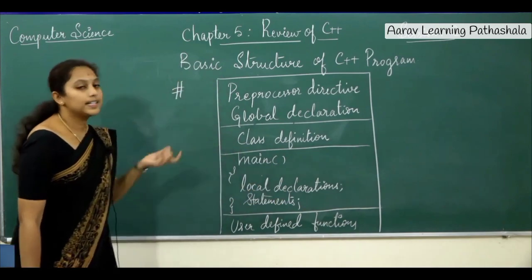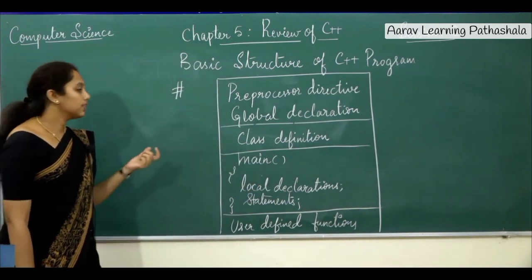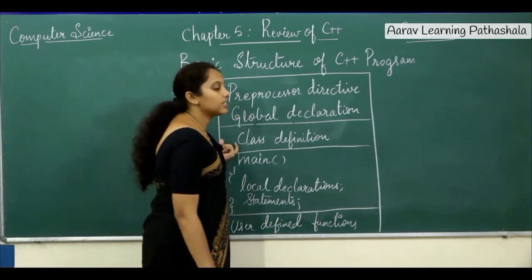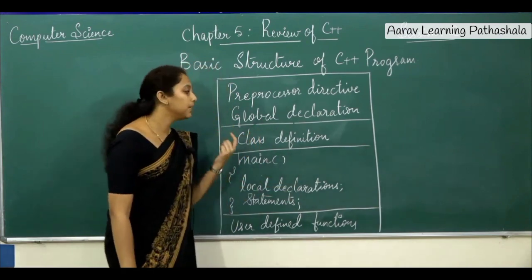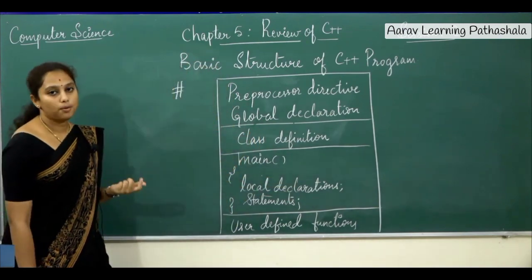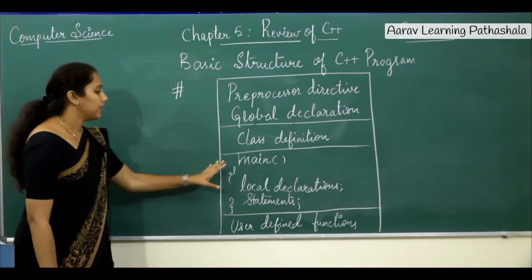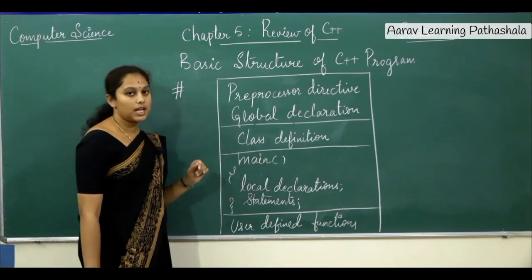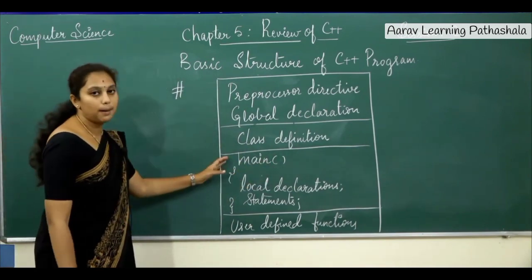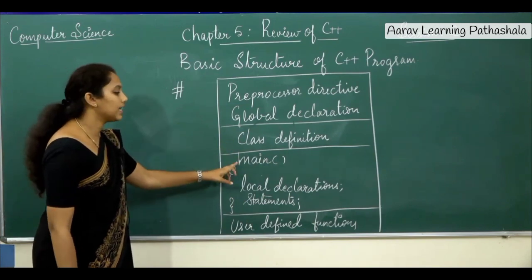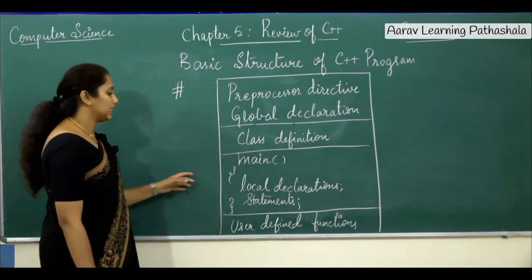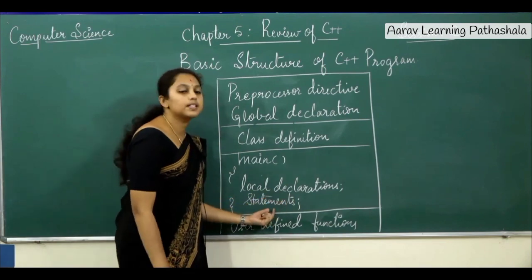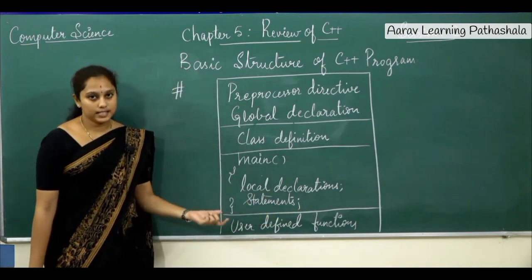Next section is class definition. Class definition indicates the properties and behavior of an object. Next is the main function. The main function always appears after the class definition and it contains local declarations and statements to be executed.